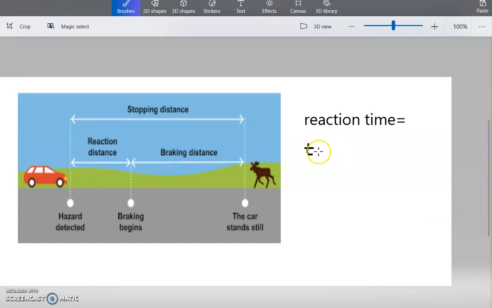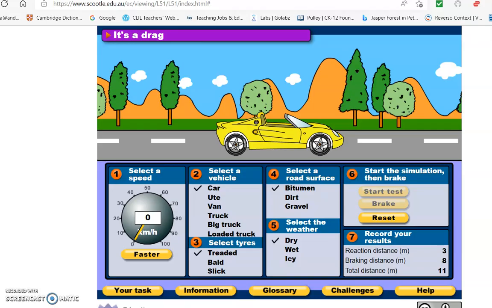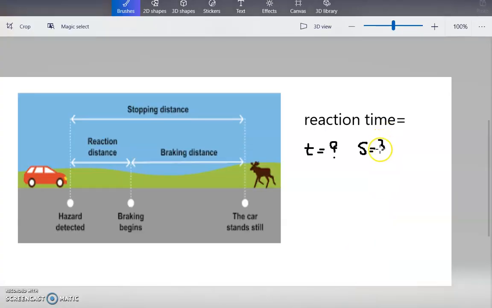So time, I don't know, I'm going to work it out. The distance, based on the simulator, is 3 meters. And the initial velocity was 11 meters per second.